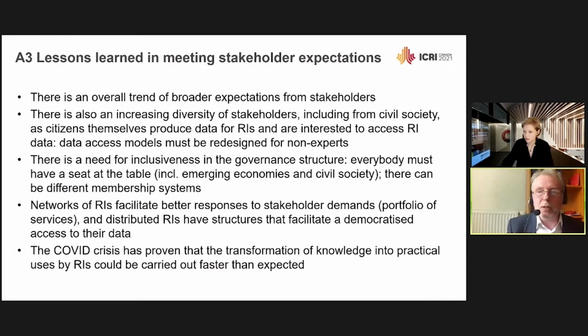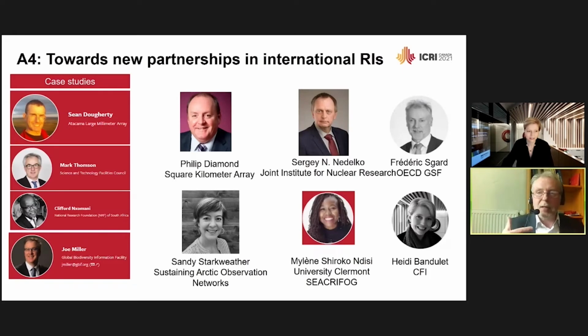They are much better equipped if they are networked, but it does require an integrative process, and that requires resources. I think that was also a main message from the COVID crisis, proving that transformation of knowledge into practical use could be carried out faster, but this capacity must be nurtured in between crises, not during the crisis. Thank you.